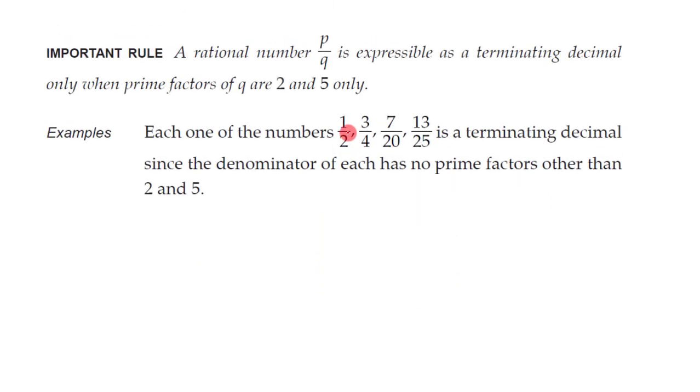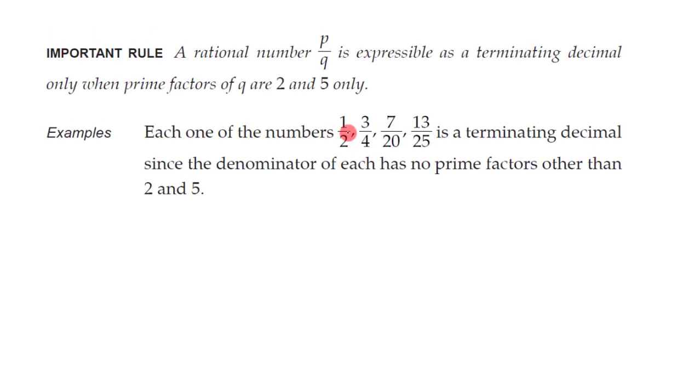The second type of decimal numbers is the non-terminating repeating decimal. Before discussing that, let us see how to identify whether a given rational number is terminating or non-terminating without doing the actual division.